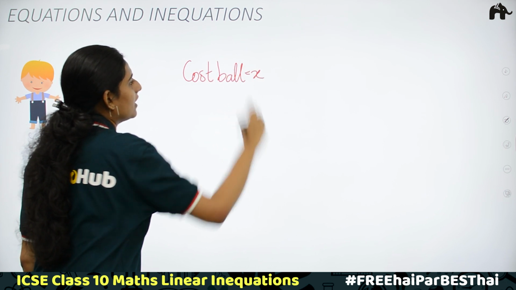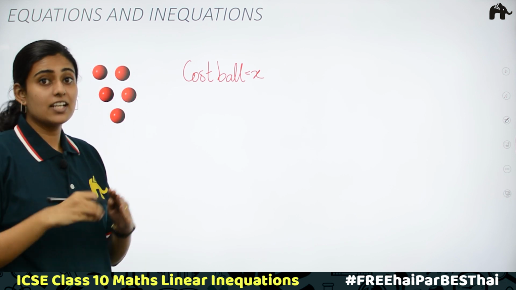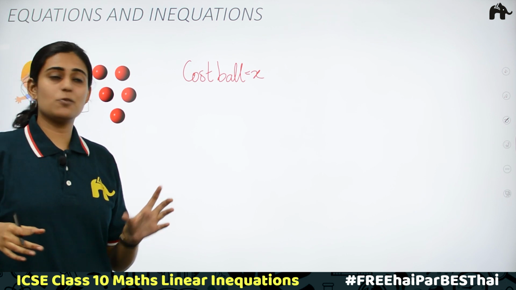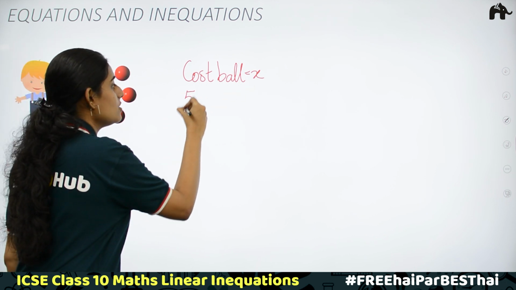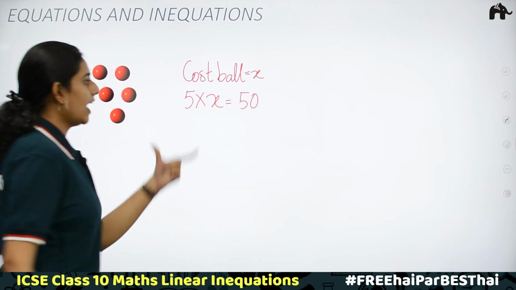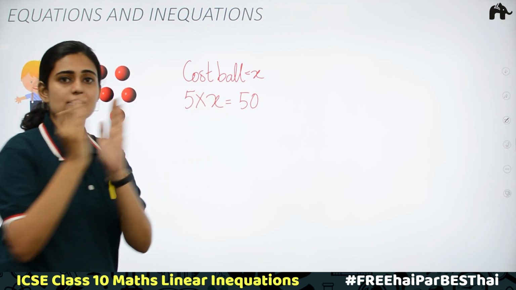Now how can I express this? He gave 50 rupees to the shopkeeper and bought 5 bowls. Each bowl costs X rupees, which means 5 into X is equal to 50. I can write it like this. Why? Because the total cost is 50.